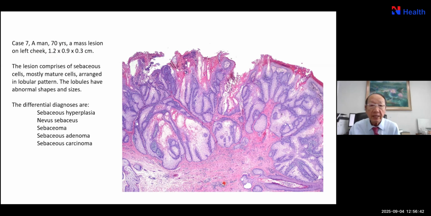So the differential diagnosis of the sebaceous lesion will be something like this. Is it sebaceous hyperplasia, nevus sebaceous, a tumor called sebaceoma, or sebaceous epithelioma? It has two names. Or sebaceous adenoma and sebaceous carcinoma. These are the differential diagnosis for sebaceous neoplasm.